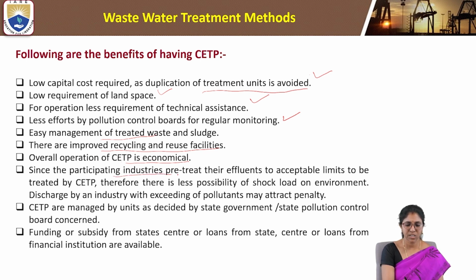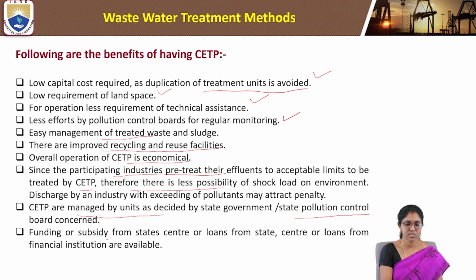Since the participating industries pre-treat their effluents to acceptable limits to be treated by the CETP, there is less possibility of shock load on the environment. The CETPs are managed by units as decided by the state government or the state pollution control board concerned.